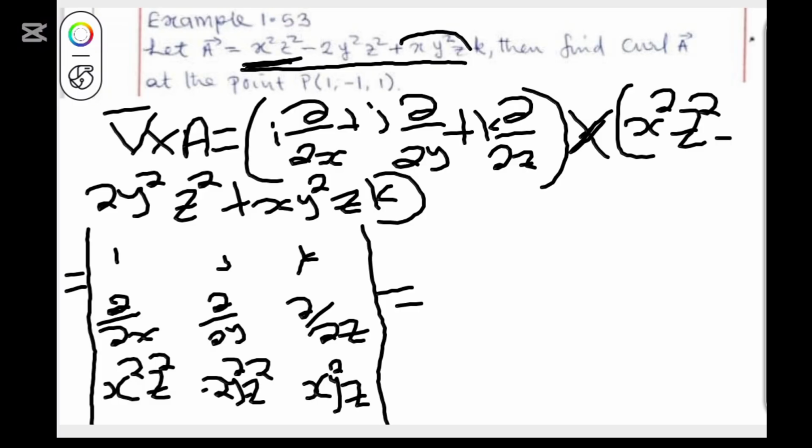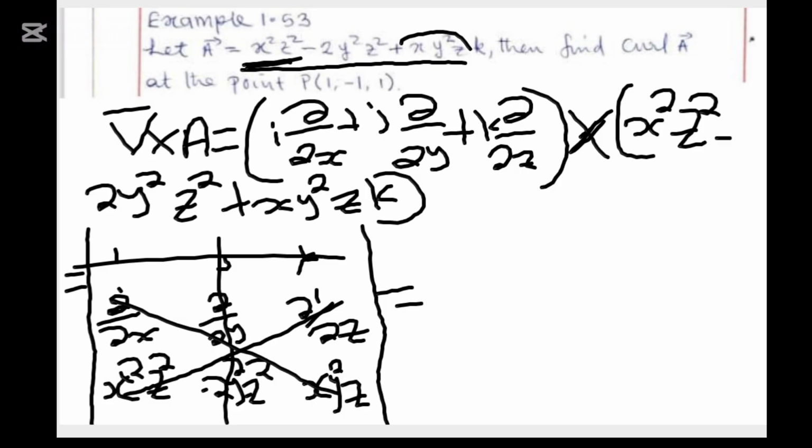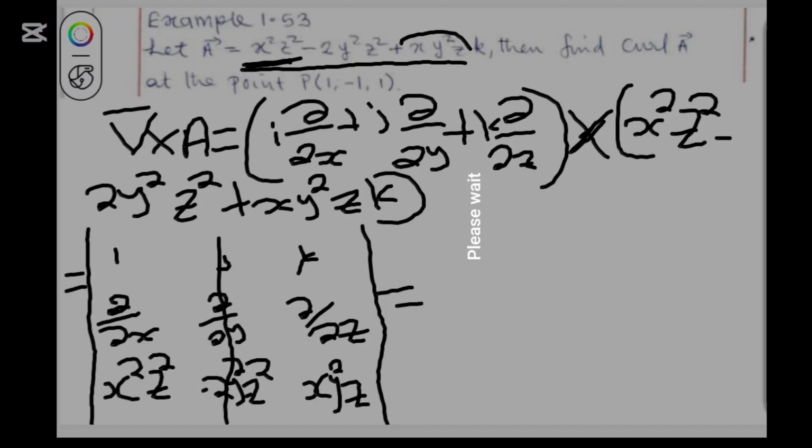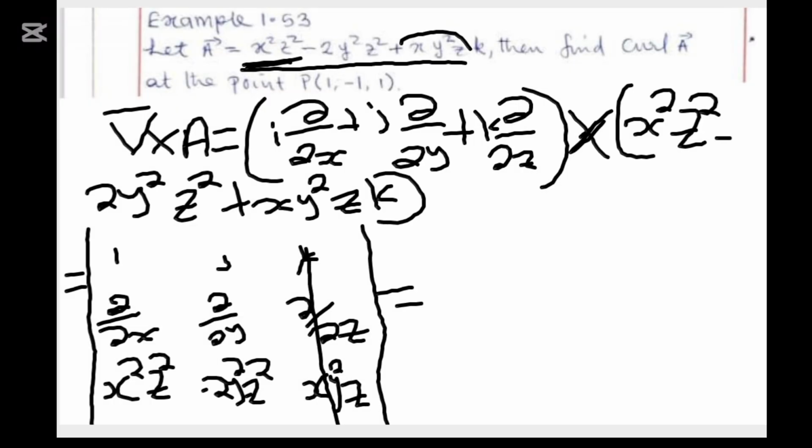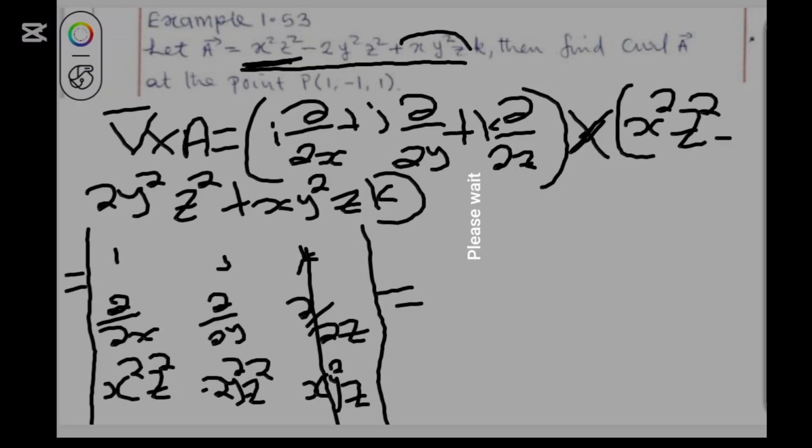So finding the determinant is the same thing as saying delete this, also delete this. We have to pick this and this, multiply this by this, also subtract by this if we are going to find j. And for k, I have to delete this and delete this. Then I will say this multiplied by this, subtract by this, if you are going to find for k.